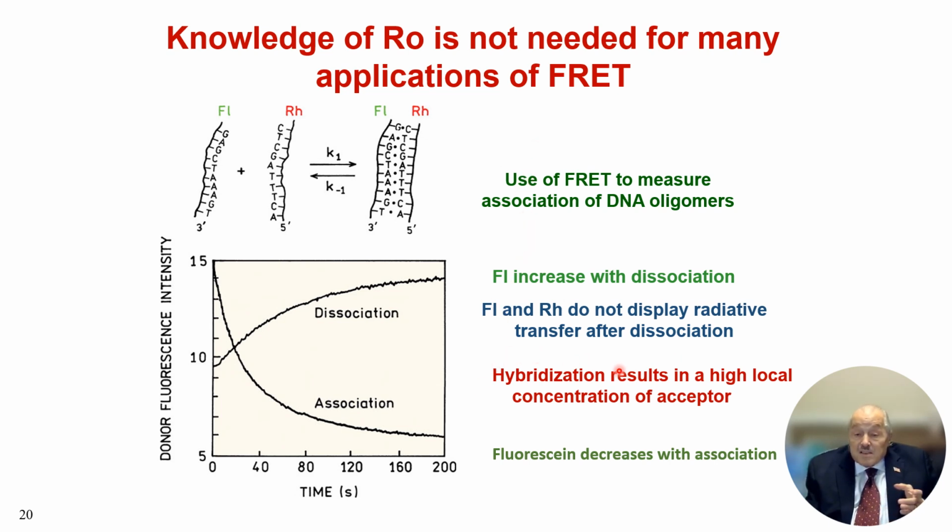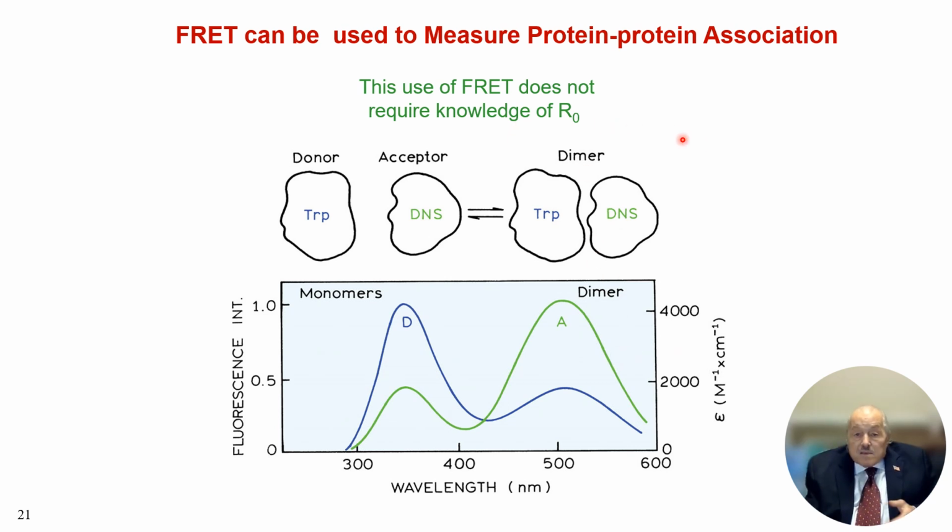And what this says is radiative transfer, meaning forming a photon that gets emitted and reabsorbed by the acceptor, just doesn't happen under any reasonable conditions. It's the hybridization that has resulted in the high local concentration of the acceptor relative to the donor. But this radiative transfer, I can't think of an experiment where it's been seen. So that was for DNA.